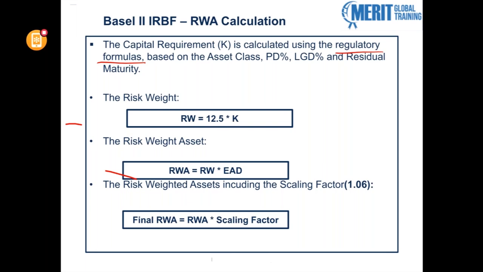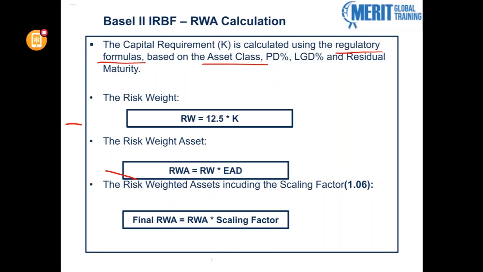There is nothing like I want to manipulate. You can't change it. Even based on jurisdiction, all the banks must use that same formula to do the calculation. The regulatory formula is given to us based on the asset class. What do we mean by asset class? Our exposure class. So whether it's sovereigns, corporate, and institution, we use that formula for it. We don't use that formula for retail.